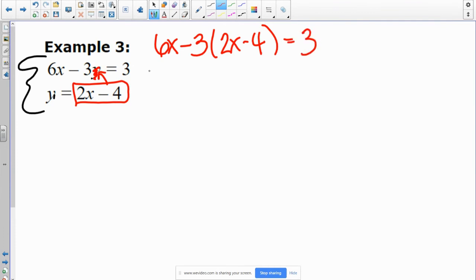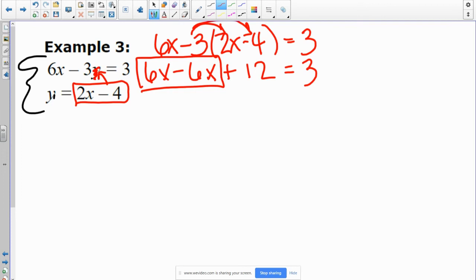I'm going to go ahead and solve. I have 6x. -3 times 2 is a -6x. -3 times a -4 is a positive 12. I'm going to look at it again, and I notice this one's different. If I take 6 x's and I take away 6 x's, that's going to leave me with nothing. 0 x's, they're gone.